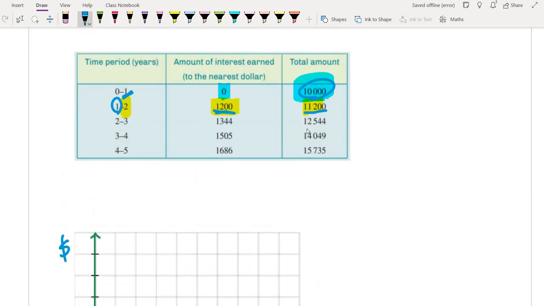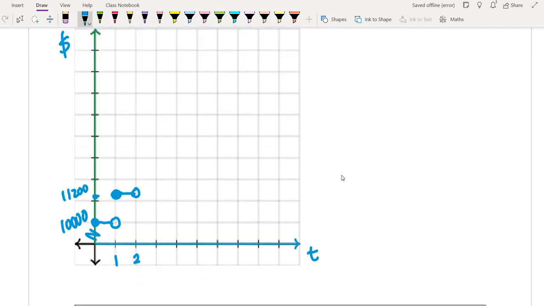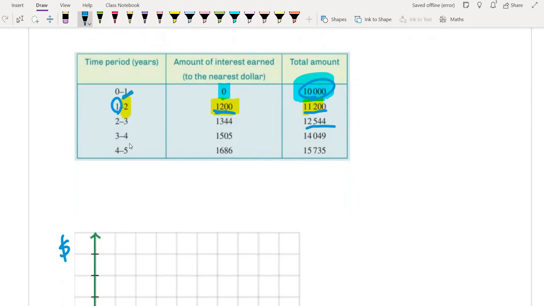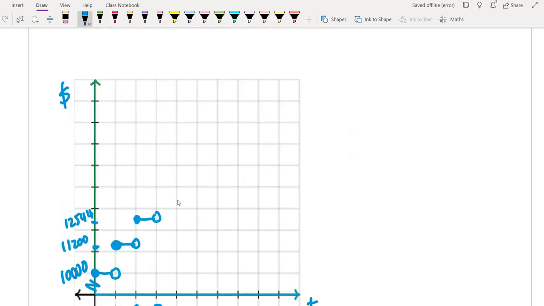And 2 to 3, our bank balance is 12,544 because we made a bit more interest, 544. So it goes like that, and see how all the little linear graphs that we have so far make steps, so we call these step graphs. So make sure you fill in the rest, the 4 and 5, all the way till 5, and see how it steps out.